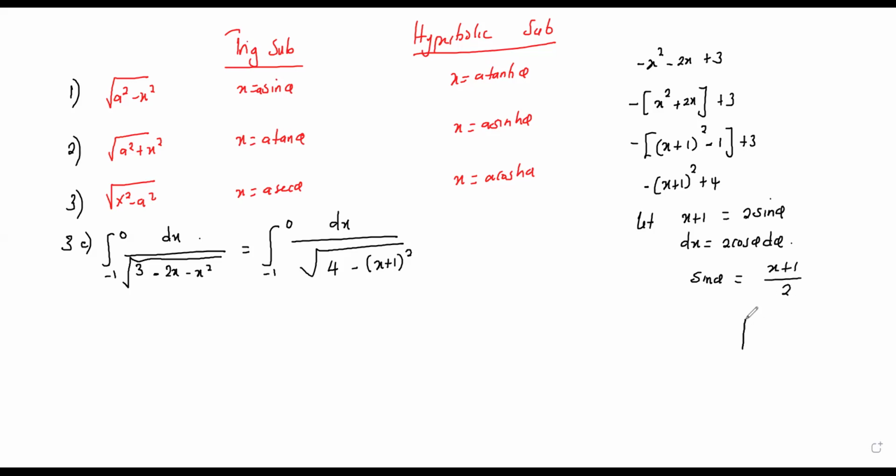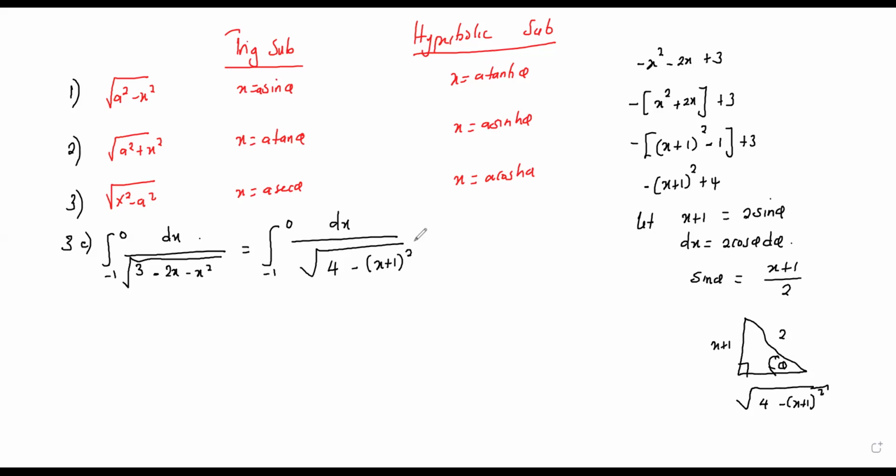So my triangle in advance is going to look like this. That is theta there. Then sine is opposite over hypotenuse. So this guy is going to be the root of 4 minus x plus 1 squared.